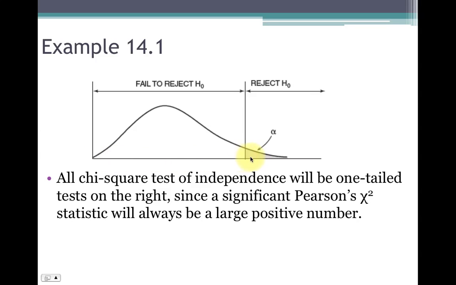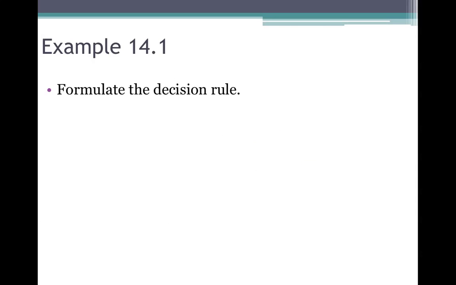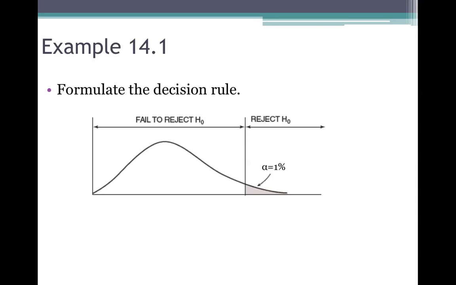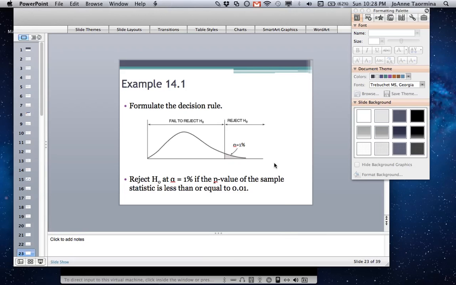So ideally, what we want is a p-value for a chi-square that goes to positive infinity. The area continues from that chi-square up to positive infinity, and we want that p-value to be smaller than alpha. Okay, so every time we do a test, we want the p-value to be smaller than alpha. So our decision rule, in this case we were given an alpha of 1%. Is that correct?